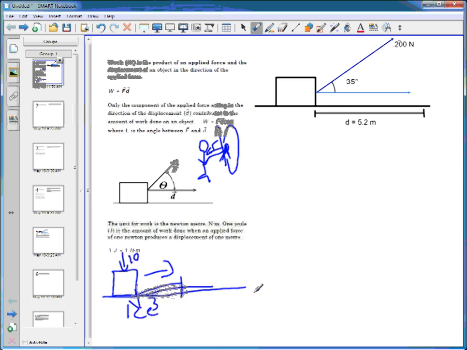So that concept can then be extended to this drawing here, where work is equal to the force times displacement times cos theta, or the angle between the displacement and the applied force. We know from our work in Unit 1 that any vector can be broken into a vertical component and a horizontal component.